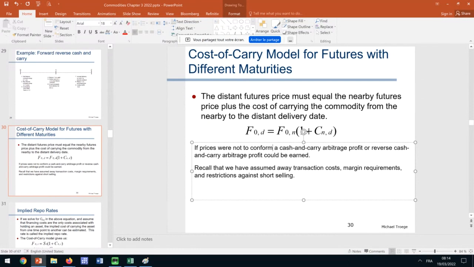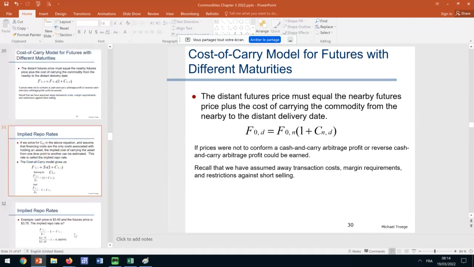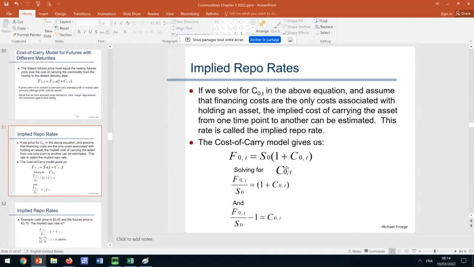Now, of course, you can turn the equation around and look at, for example, the cost of carry model, and you can calculate the implied cost of carry. So you have the relationship between the spot price and the futures price, and we figure out what is the implied cost of carry.